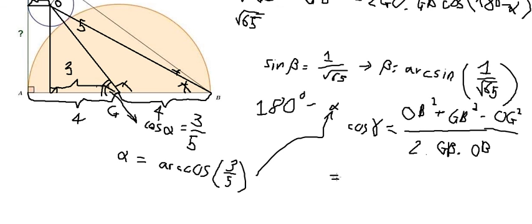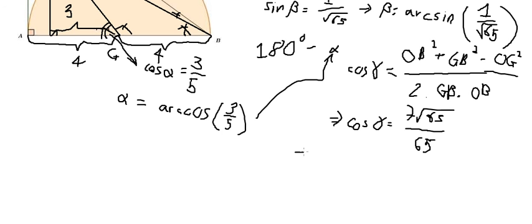So we input the numbers here and we got cosine gamma, 7 multiplied with the square root of 65 over 65. So we got gamma equal to arc cosine of 7 multiplied with the square root of 65 over 65.